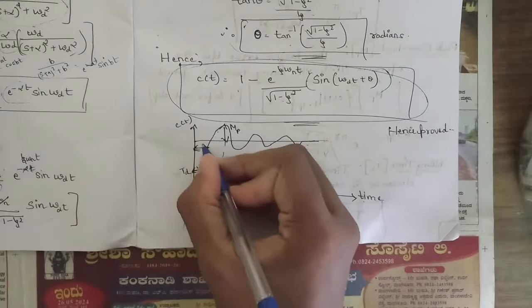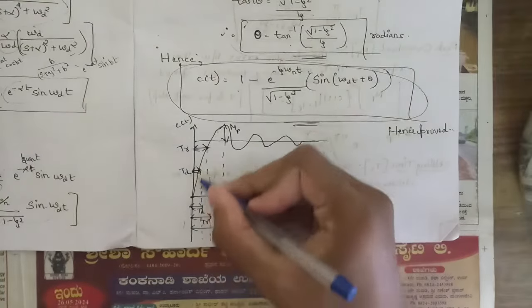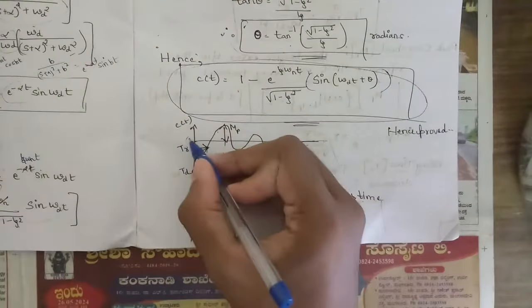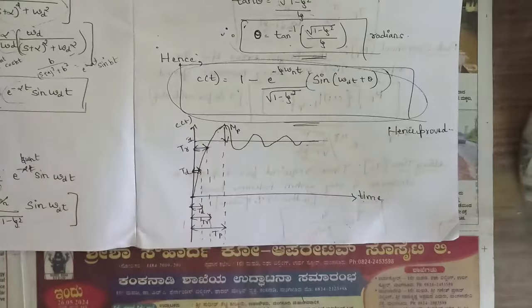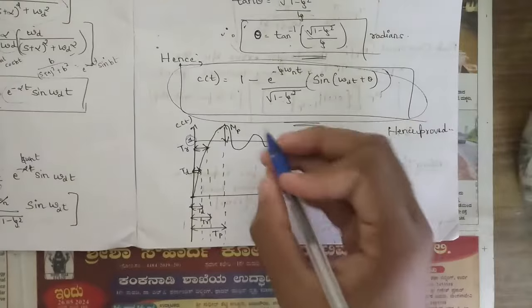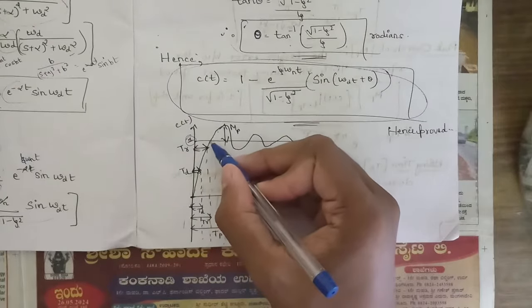This region here is called the rise time, where the curve is rising and moving above the amplitude level, that is 1. Generally we can take it as 1. Then after crossing the amplitude and coming down again, this range is called MP, and this MP is called the peak overshoot.